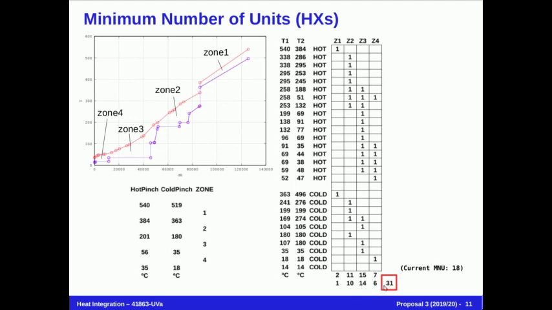The whole summation gives us 31 as the minimum number of heat exchangers. See that the current number of units is smaller, it is 18. This is probably due to the excessive use of utility above the minimum.